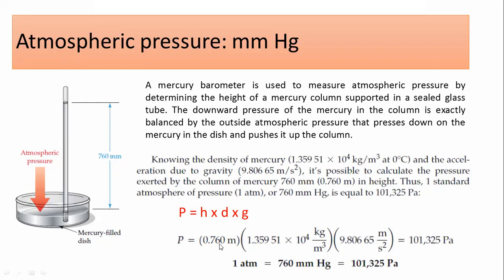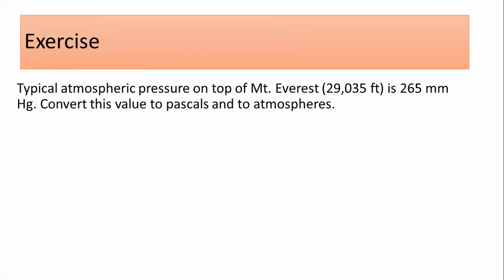I have done the unit cancellation method over here to convert one form of the atmospheric pressure unit to another unit of the pressure. So let's suppose the typical atmospheric pressure on the top of Mount Everest, which is at this height, is 265 mm of Hg.